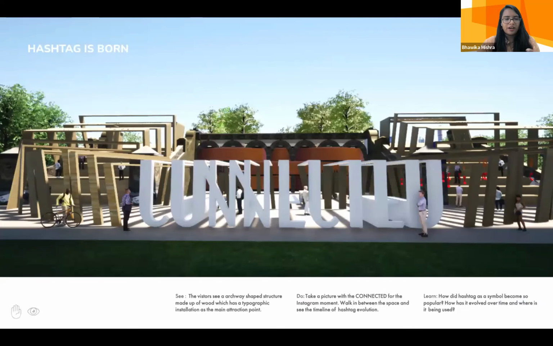So this is the first area where the hashtag is born, and this exhibition is being carefully designed to have the word connected as a very typographic installation, and the archway structure, which is made up of the word, to attract, being the main attraction point. So people are encouraged to take a picture with this, have an Instagram moment, and walk between the space.